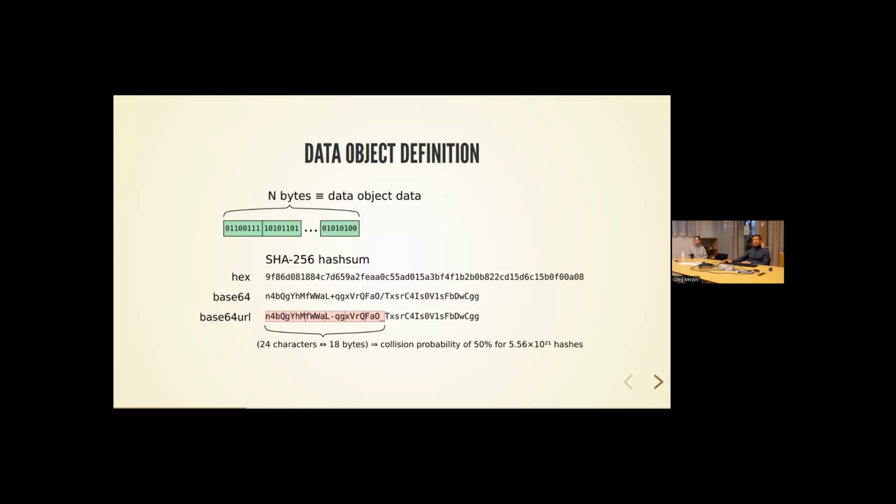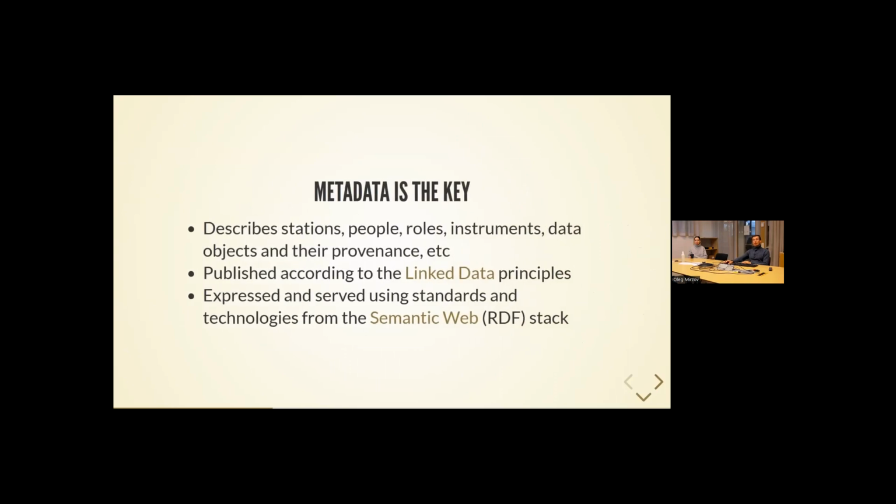As you can imagine, this is not super useful. If you have a binary blob and you know its hash sum, there's not much you can do. So the name of the game is metadata. It's the most important thing there is. Of course, you don't want to lose the data, but if you don't have metadata, then there's not much you can use it for. So what sorts of metadata do we have?